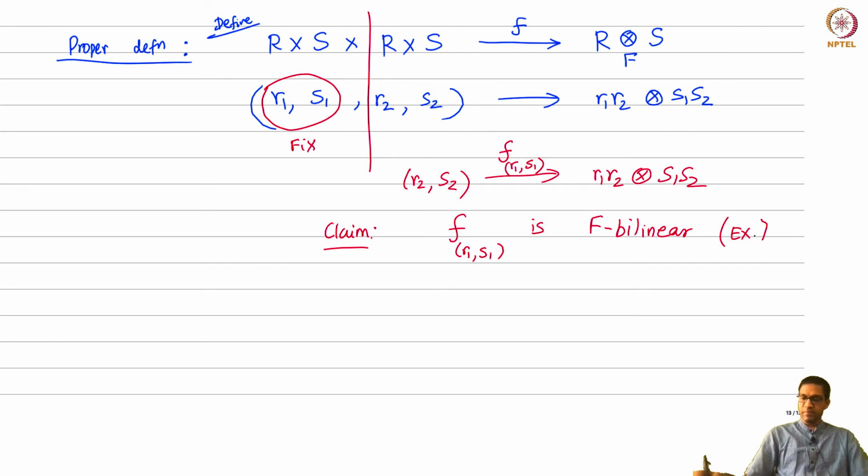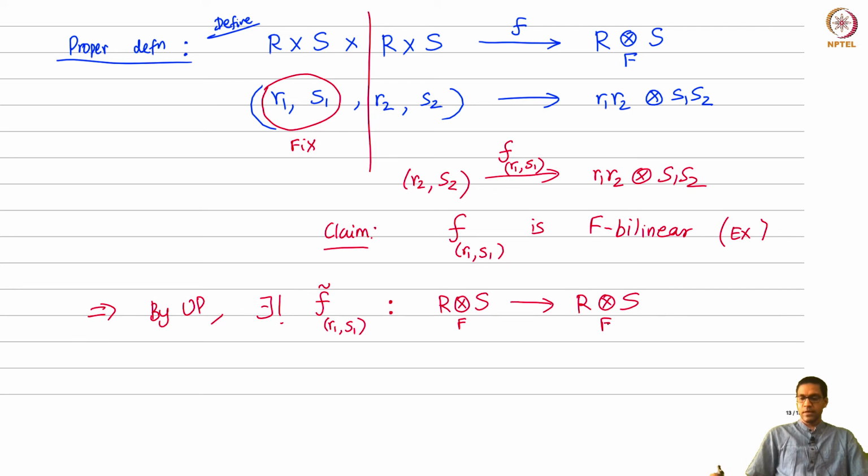Okay, so it's F bilinear, therefore by the universal property, there exists a unique map. Let's call it F tilde sub R1 S1, which still depends on R1 and S1. This is now a map from R tensor S. And what does this map do?